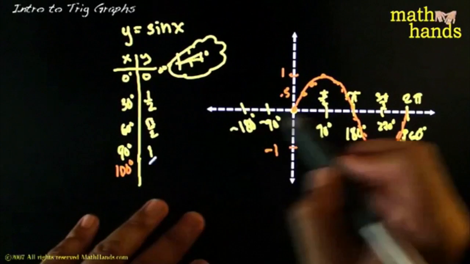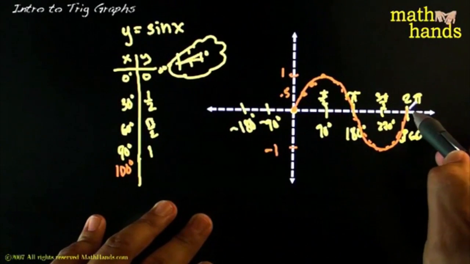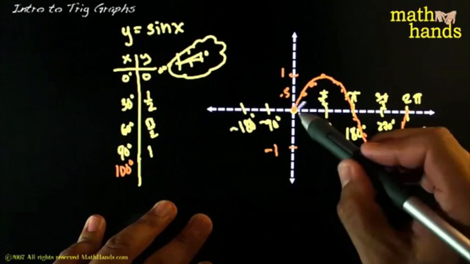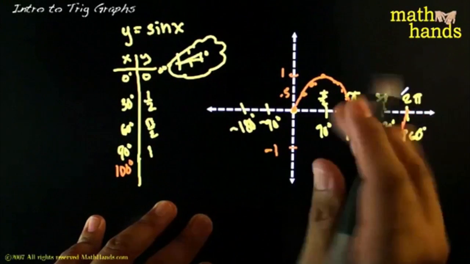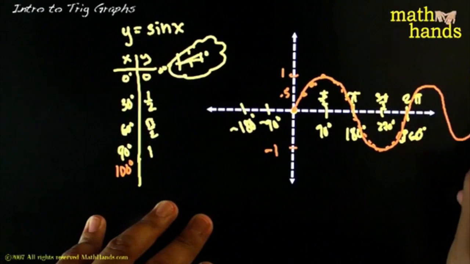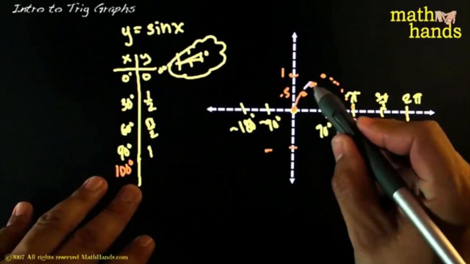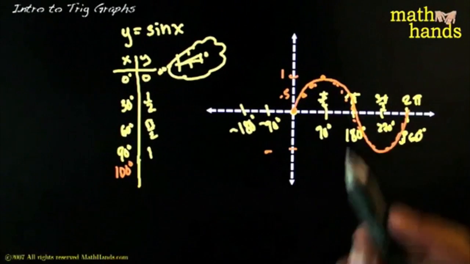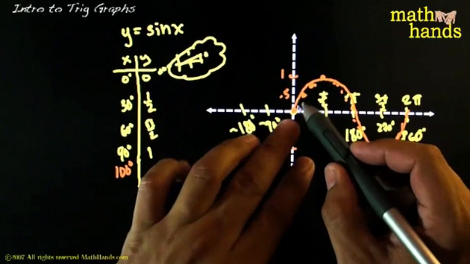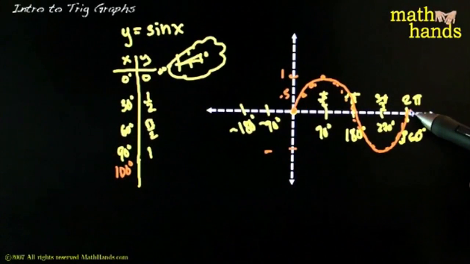You can actually put in there other angles, like negative angles and angles beyond 360. And what would happen would be that this portion of the graph would simply get repeated a bunch of times. Now just try to imagine what would happen if we plot points beyond 360.